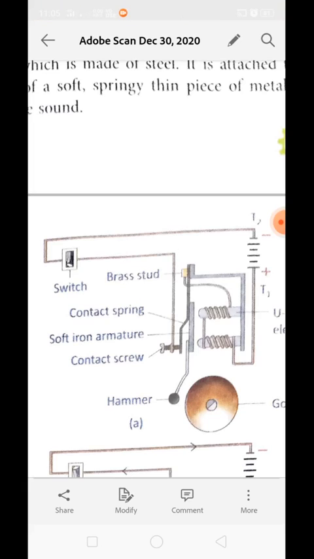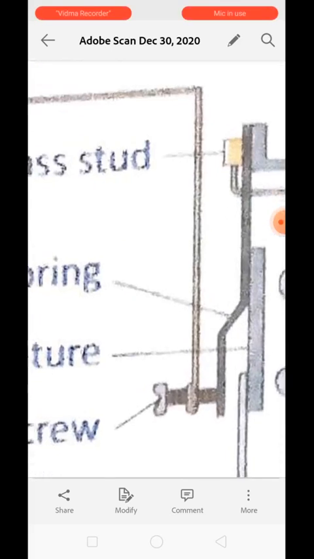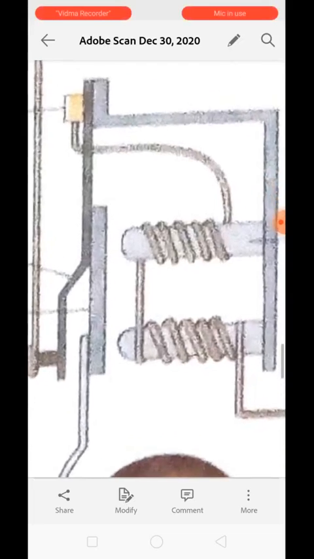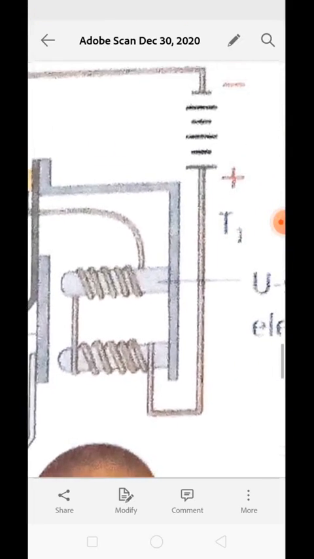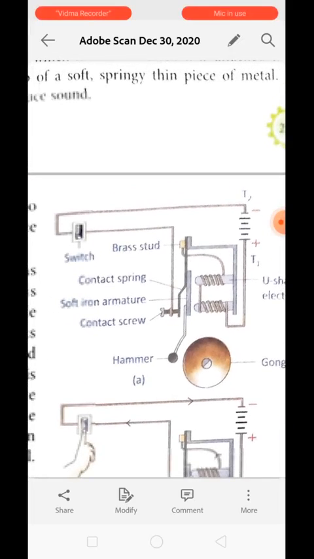You can see from terminal T2, it is running to the switch, to the contact screw, to the armature, to the U-shaped electromagnet, to T1. Means the whole setup over here is in a closed circuit.